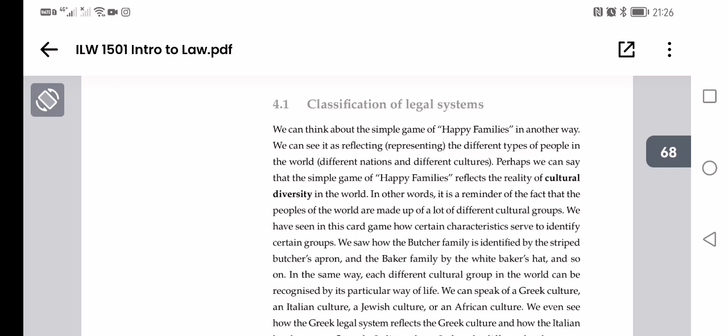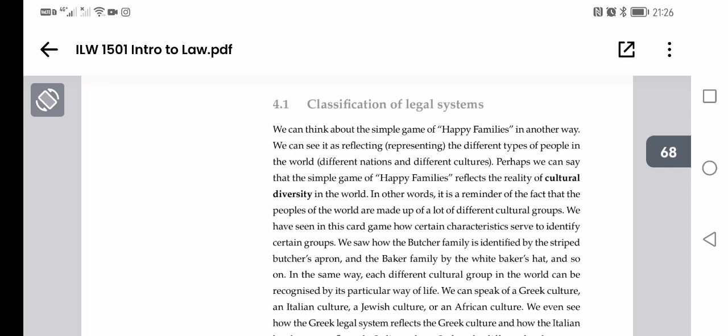We can see it as representing the different types of family in the world, different nations, different cultures. Perhaps we can say that the simple game of Happy Families reflects the reality of cultural diversity in the world.